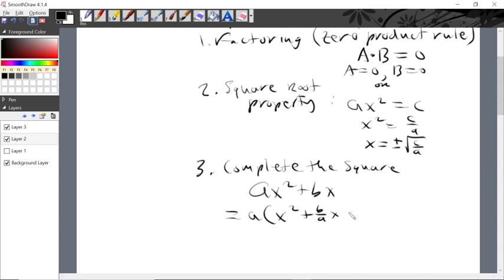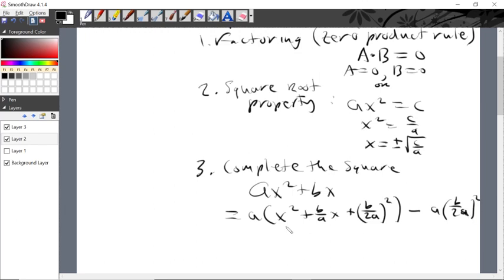But then we would add in an extra term where that term would be half of this coefficient, that would be b over 2a, and then the quantity gets squared. And then in order to make this equivalent to the original expression, we have to subtract out the a times the b over 2a quantity squared.